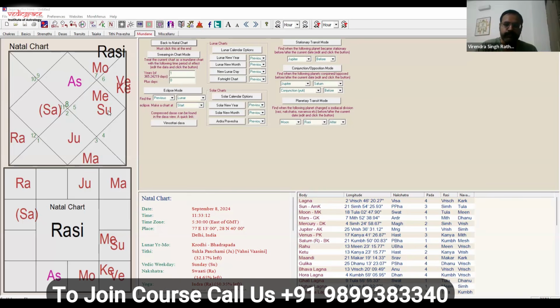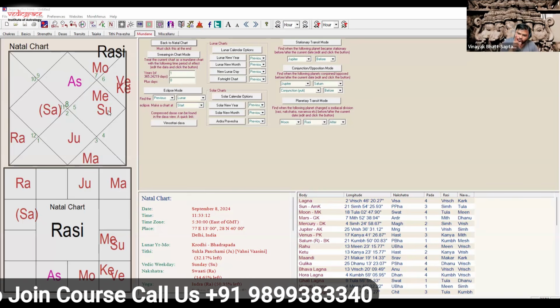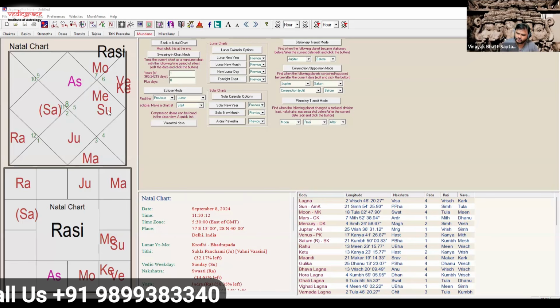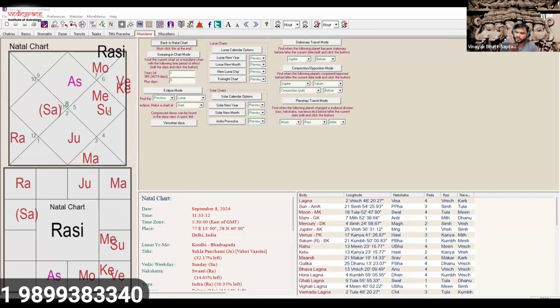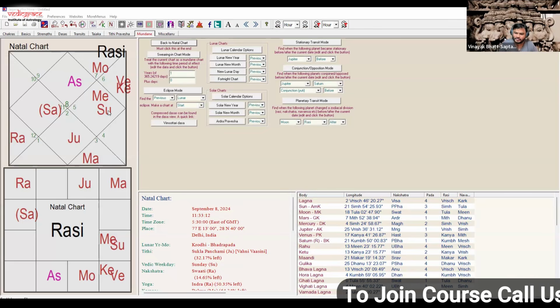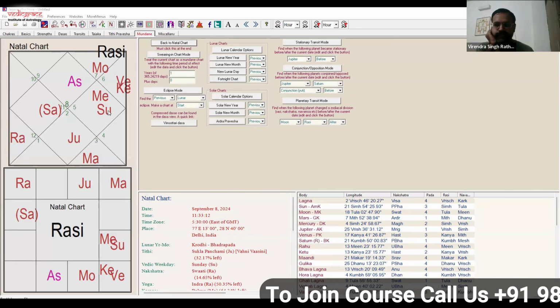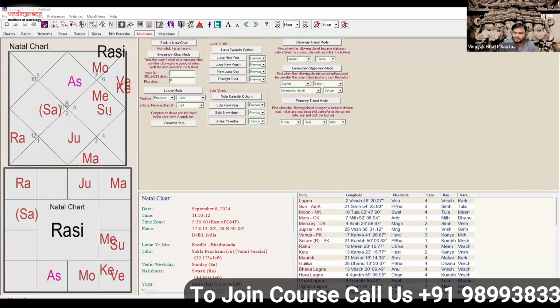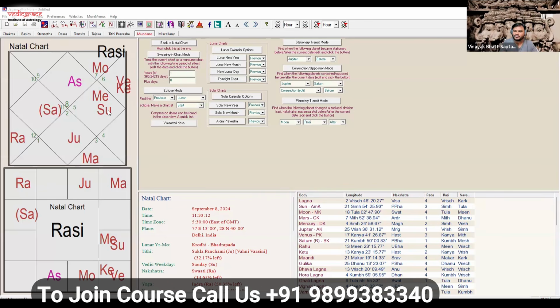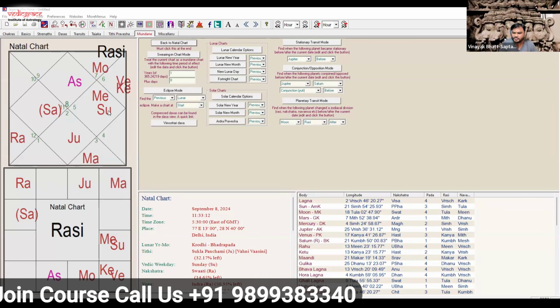That's it. So when we call 2-12 position, adjacent houses, 2-12 as a combination, that is also true. But how we use it, there is a difference. So don't use it every time to make a combination. Otherwise, you will see hundreds of combinations happening in the chart with every planet. This is what people asked in the first session, when we were reading those rules, that by this logic every planet is in combination.